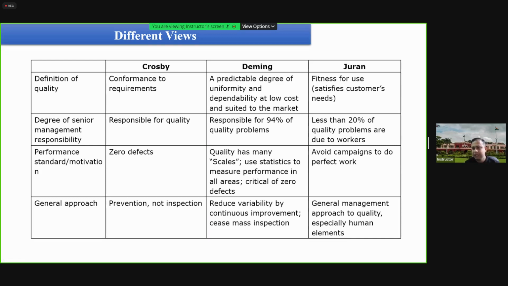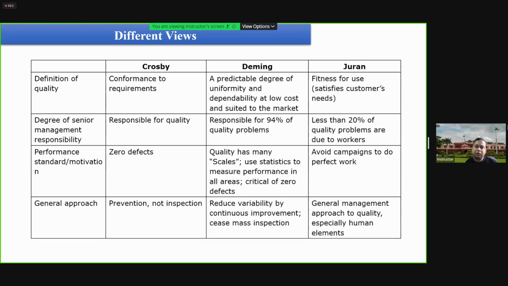But the basic thing we see is that they are talking about preventing quality problems, because inspection is not possible, especially in the current world where production is going on at a very large scale. One organization might be producing thousands of products per day.